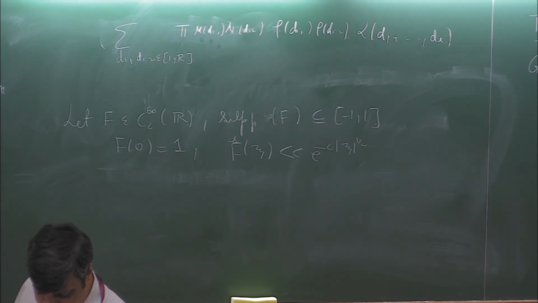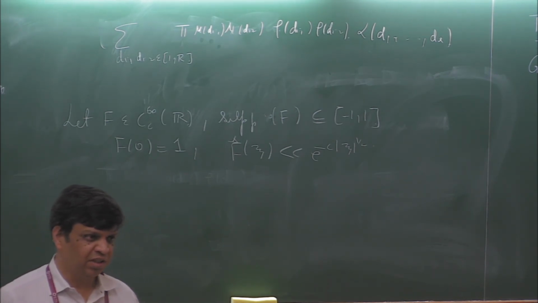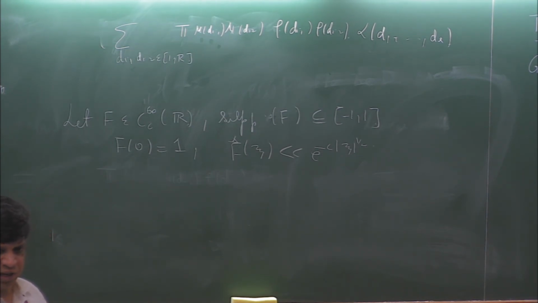Exponential decay is chosen so that I get a slightly better error term, but polynomial decay will actually suffice.